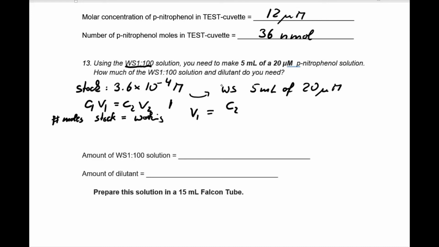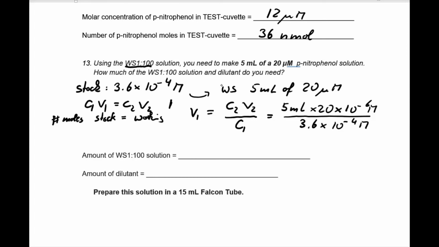So that is C2V2 divided by our C1 of the stock solution, and we have here 5 milliliter times 20 micromolar, and write this as 20 times 10 to the minus 6 molar, divided by the concentration of this solution that we have, that is 3.6 times 10 to the minus 4 molar.